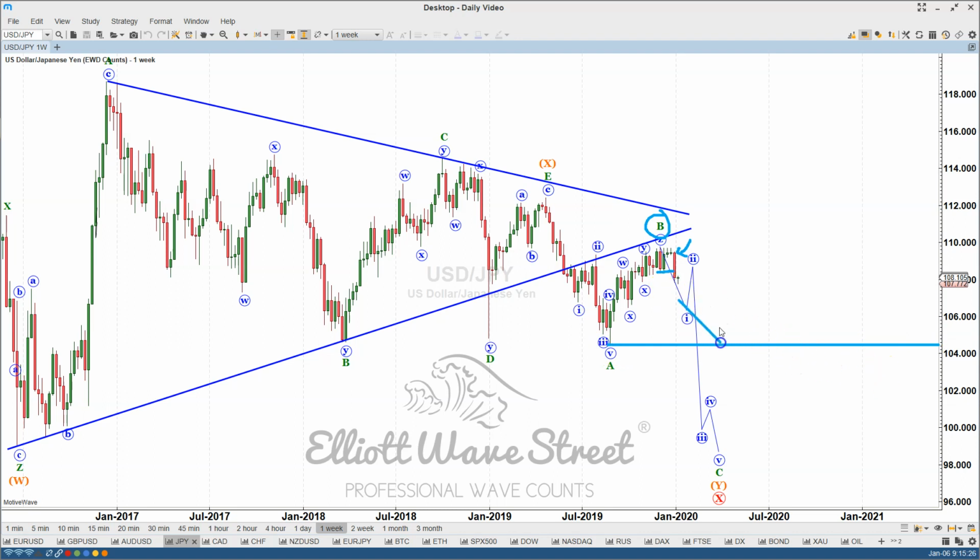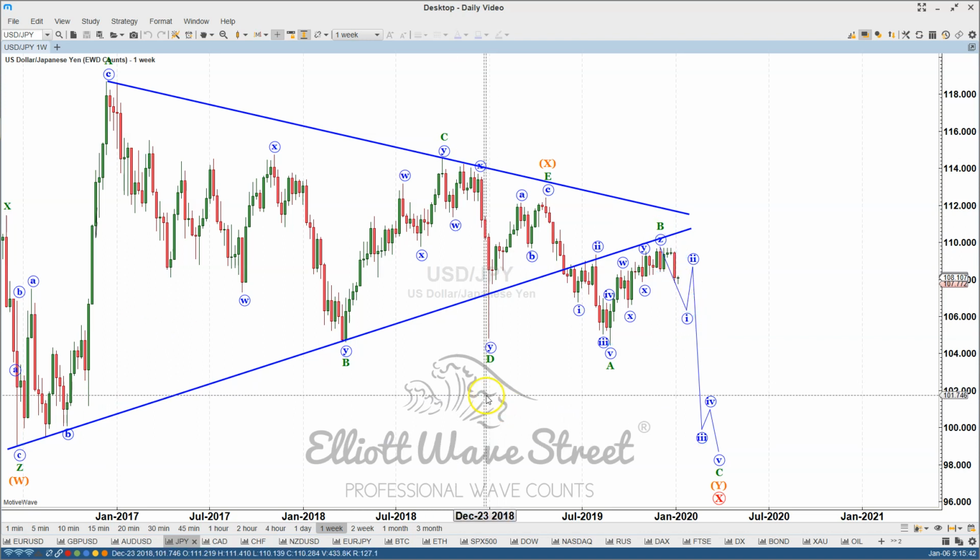We have all this room here, and once we have the breakout of the support, the next level will be the 100 area. So we are following the trade from the inside in order to make some money, of course, while the trends develop.